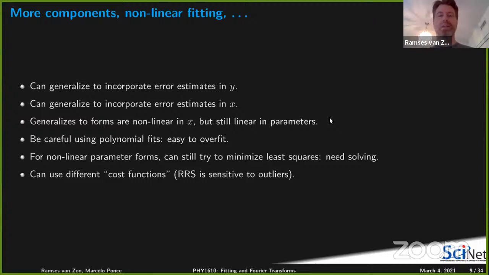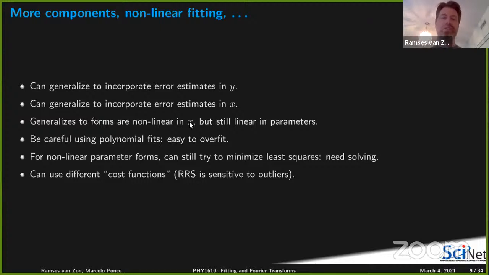It doesn't have to be linear in the X values, in the independent variable. As long as it's linear in the parameters, the whole thing still works. You should be careful though. That means you can also fit to a quadratic function or a cubic function, so any polynomial.